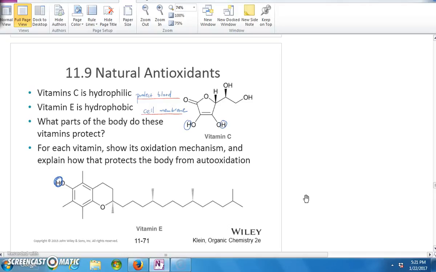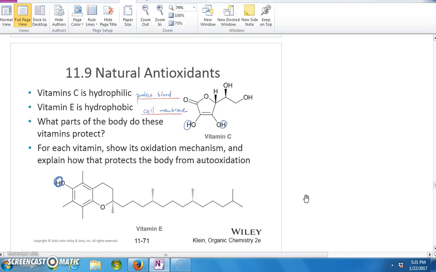Other things that inhibit auto-oxidation include vitamin C, which is hydrophilic, and it helps prevent auto-oxidation in blood. In other words, it protects our blood.